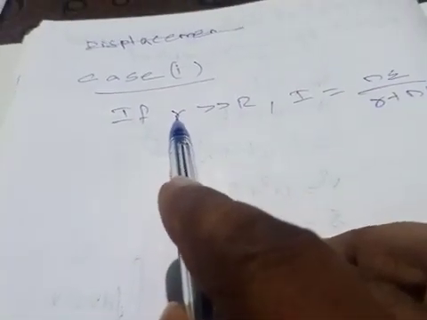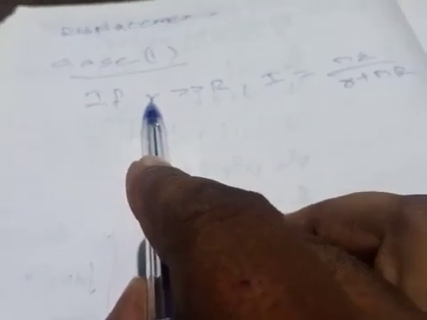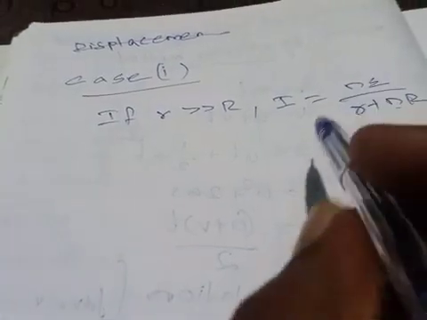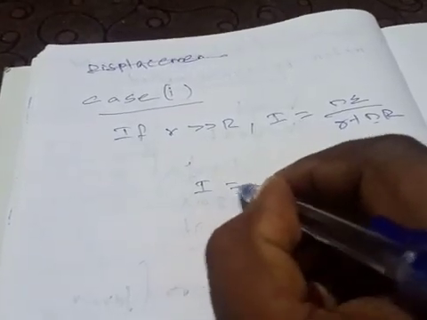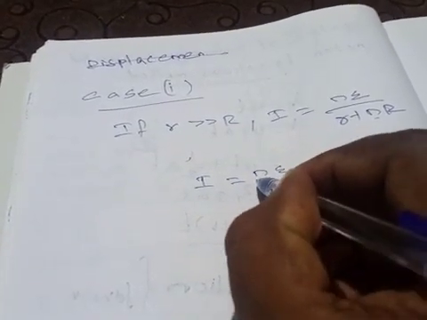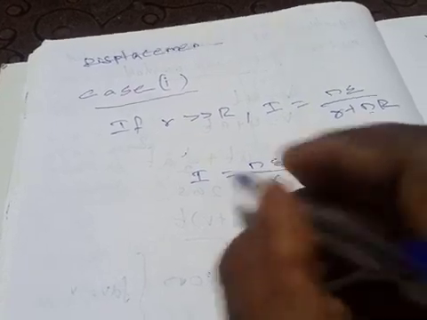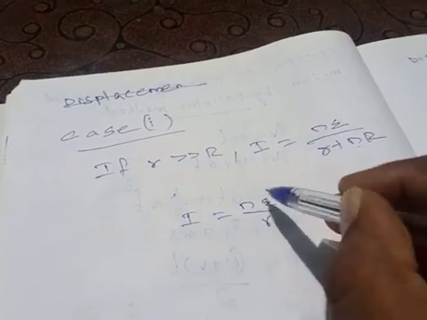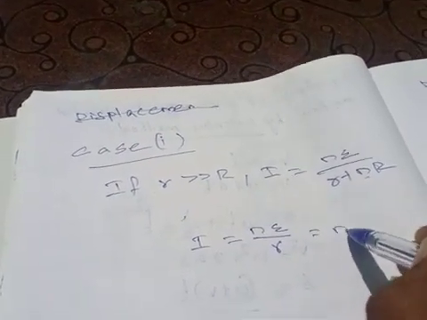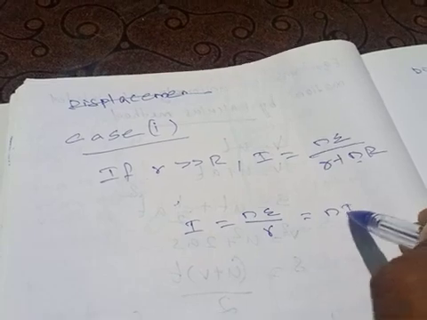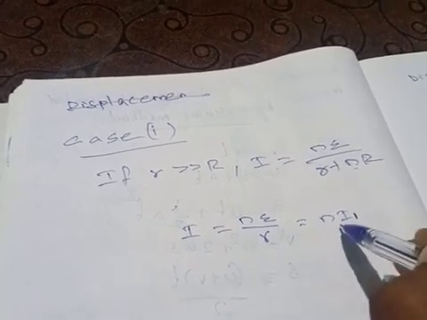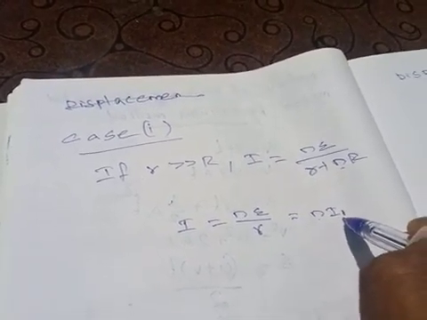So the small r will be neglected, and I is equal to N epsilon by R. This epsilon by R is the current in a single cell, so you can write I equals N times I single.